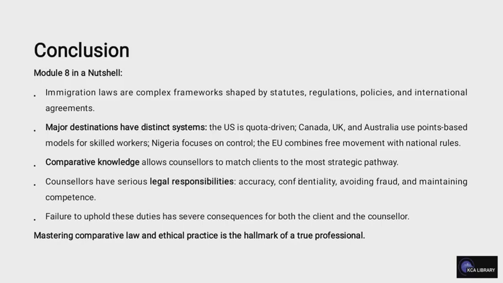The EU combines free movement with national rules. And comparative knowledge allows counselors to match clients to the most strategic pathway. Counselors have serious legal responsibilities of accuracy, confidentiality, avoiding fraud, and maintaining competence. And failure to uphold these duties has severe consequences for both the client and counselor.